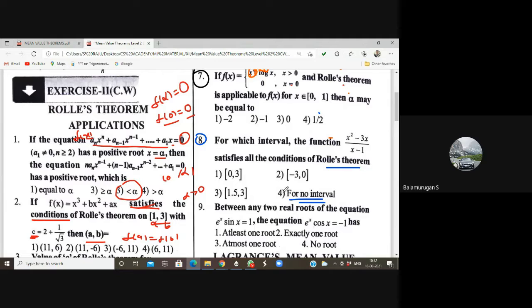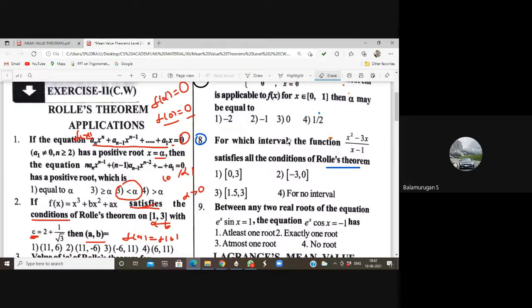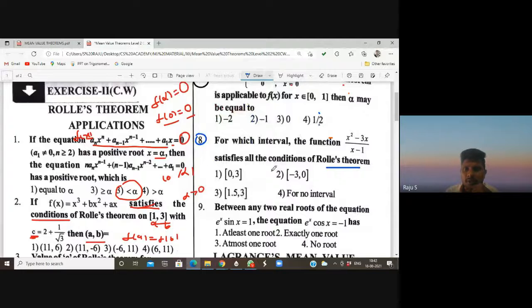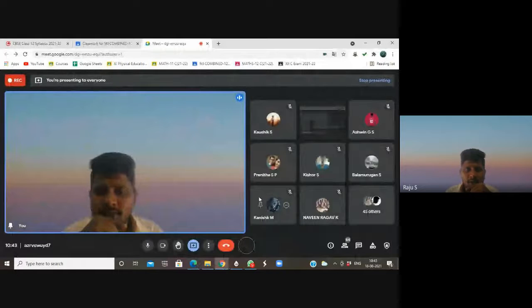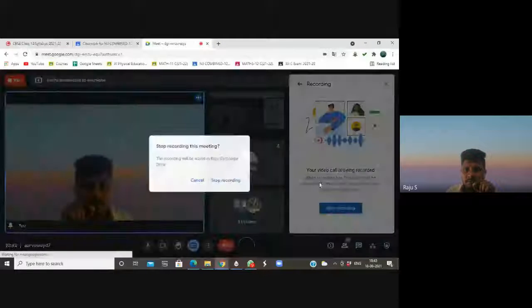At what time? Sir, 11, fourth period. Okay, I'll just continue, and for the C section students, if possible, I'll take the 7th period, because B1, B2 have botany or zoology class. Am I right?